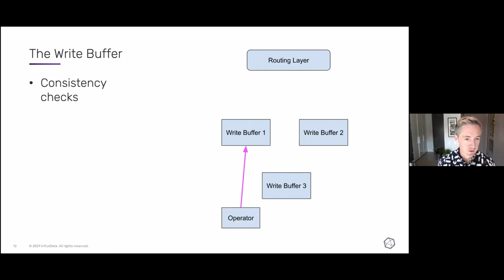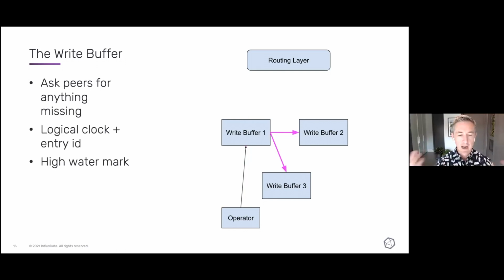So then the question is, what happens if one of these servers fails, or if they become inconsistent somehow? Well, there'll be an API on the WriteBuffer servers where an external operator can make a request to have those servers do consistency checks with each other. So they can ask their peers for any data that they have missing in their buffer.